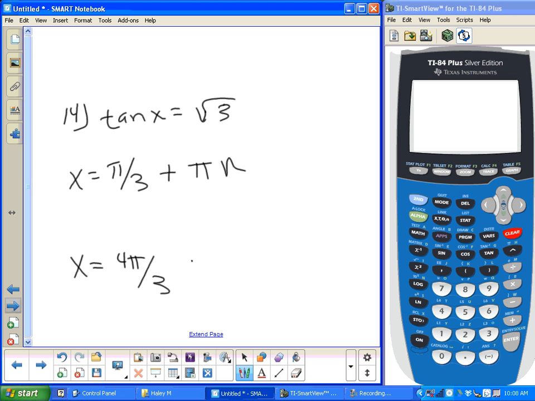Now, probably what's going to happen is the answer key is only going to name this one. It doesn't hurt if you name both of them, but really just this one would be the solution. Just think about it: if you were at pi over 3 and you added just pi, it would be 4 pi over 3.